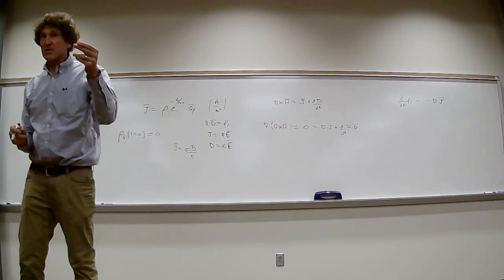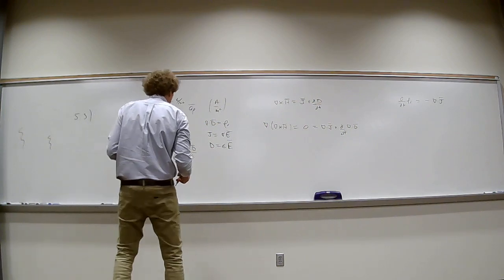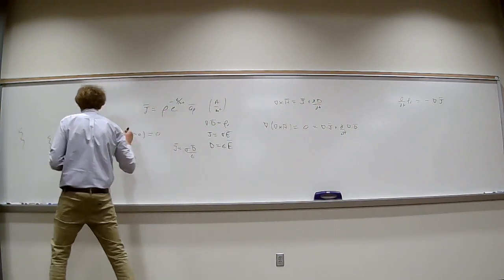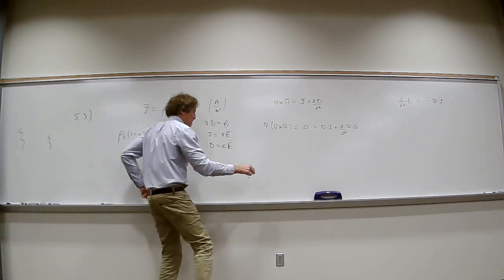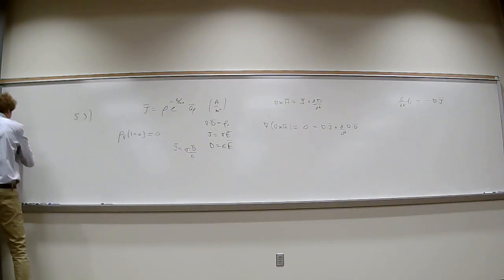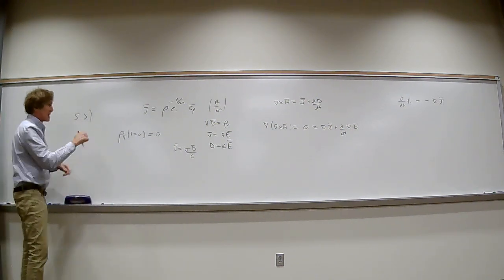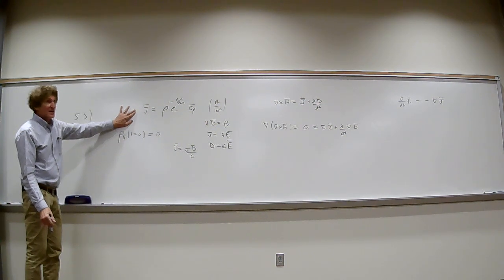It should be logical. It should make sense. What's the divergence of J? Just take a look at that for a second. Look, what coordinate system, class? What has rho in it?